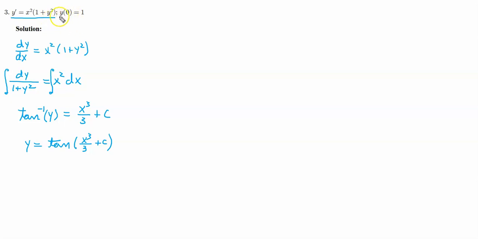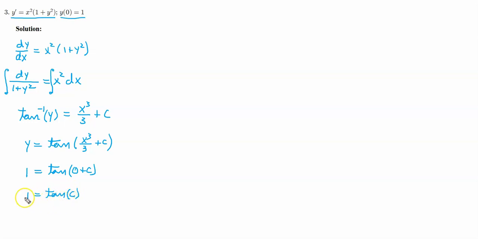Now let's use the initial condition to solve for that c. For the initial condition here, we put 0 in for x, 1 in for y, and that will allow us to solve for the c. So we get this, and we just get 1 equals the tangent of c.